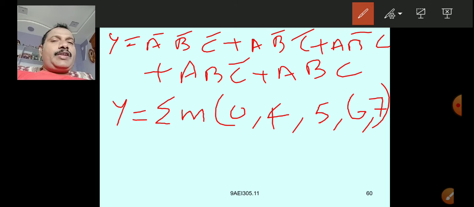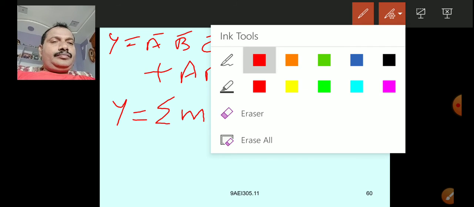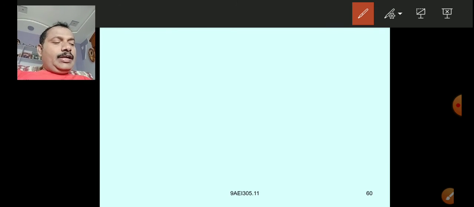This expression will be suitable for filling the ones in the K-map. So this is a 3 variable K-map because A, B, C, 3 variables are there. We have to draw a 3 variable K-map. Okay, let me write the 3 variable K-map.